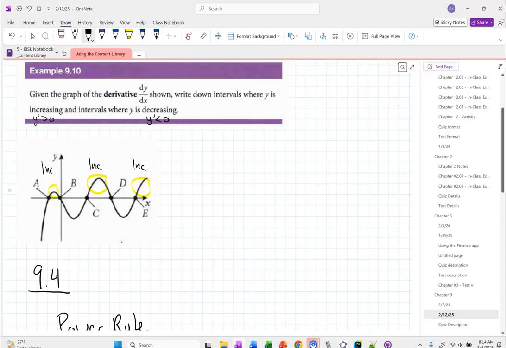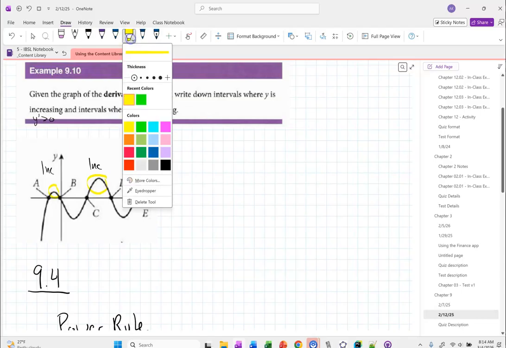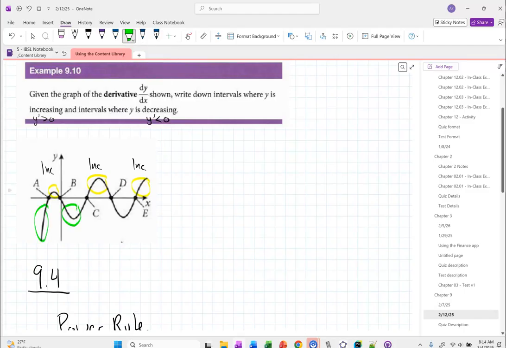The place where the derivative is above the x-axis, that's where the derivative is positive, so that's where our function is increasing. And the spots that are below the x-axis, well, that's where the derivative is negative, so that's where the function is decreasing.